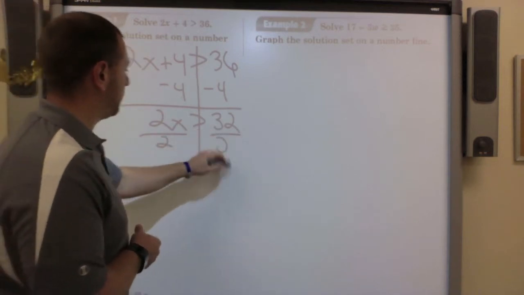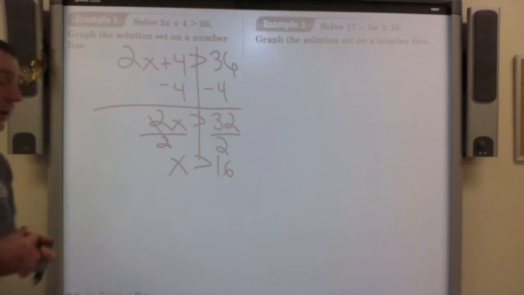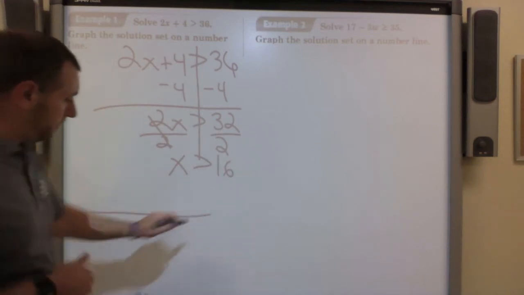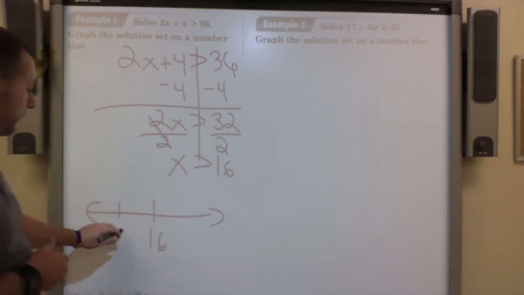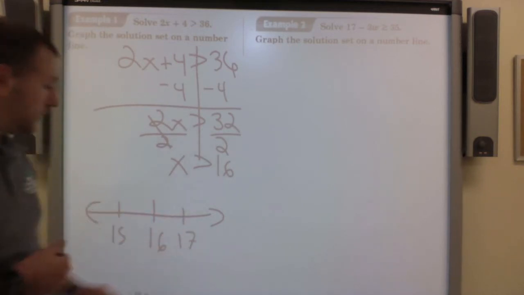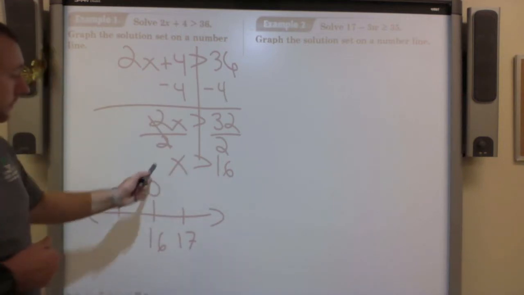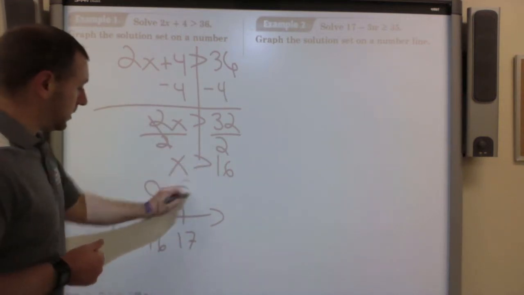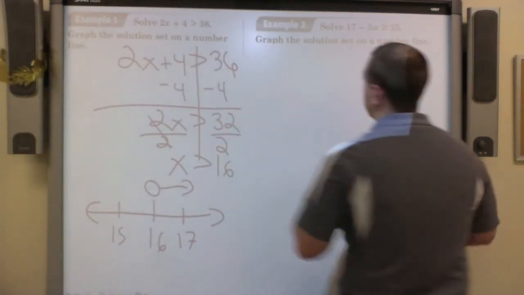Divide by 2. x is greater than 16. So now, on a number line, I would locate 16. 15's here, 17's there. Because it's not equal to, it's going to be open. x is greater than 16. It's pointing that way.